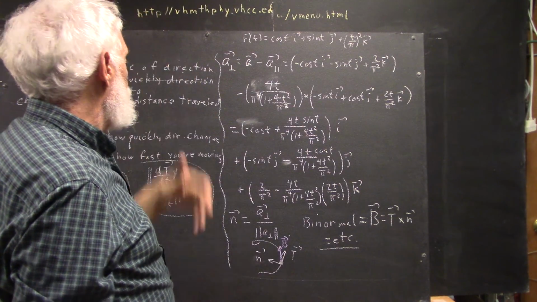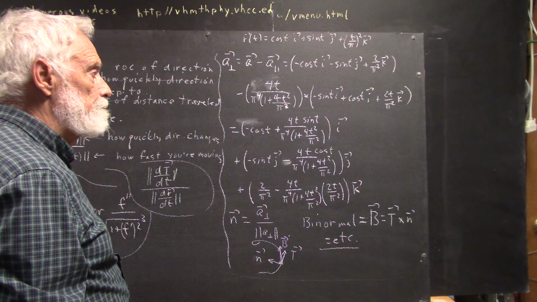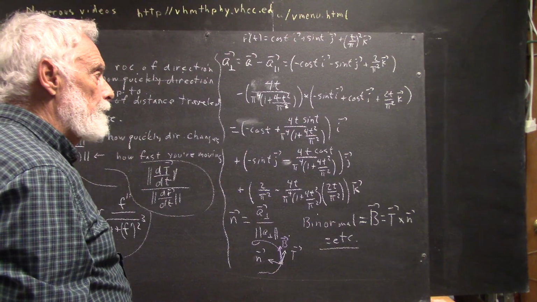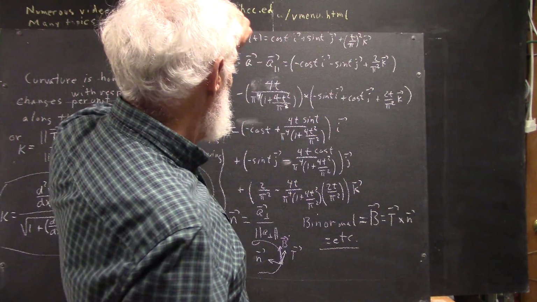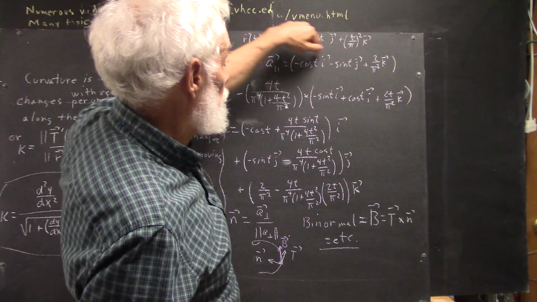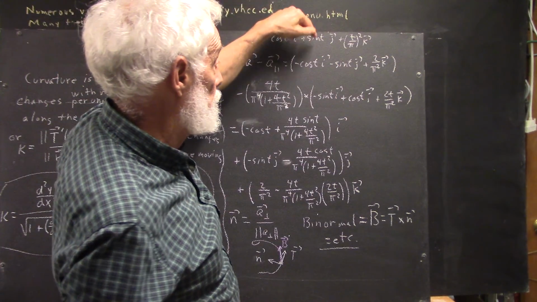Now the parallel component of a is easy enough to calculate, and I didn't go through the details of calculating it. Here's my a vector. You can see that this follows from this. Take two derivatives of this, you get this.